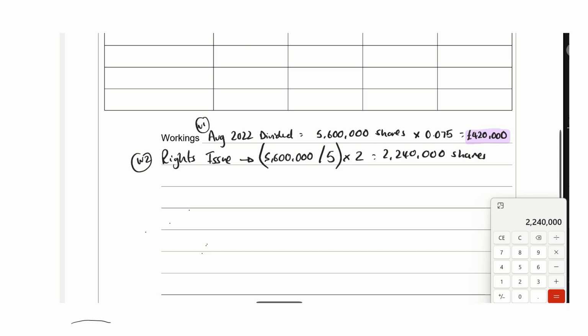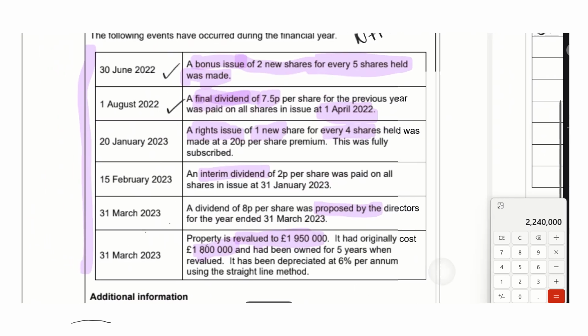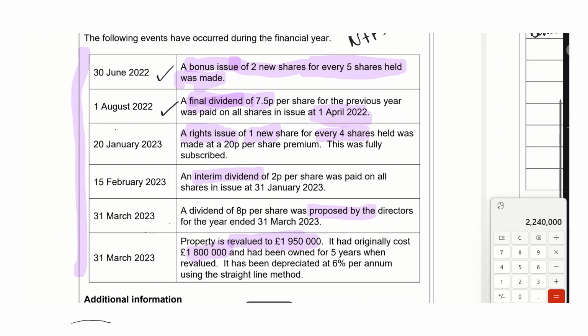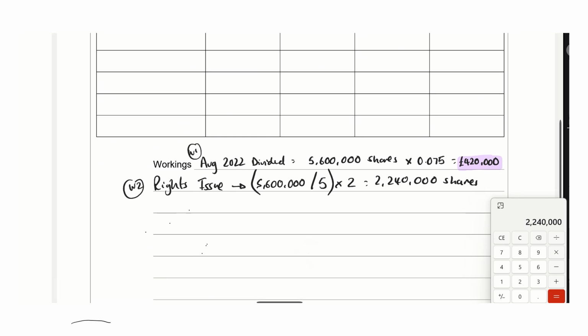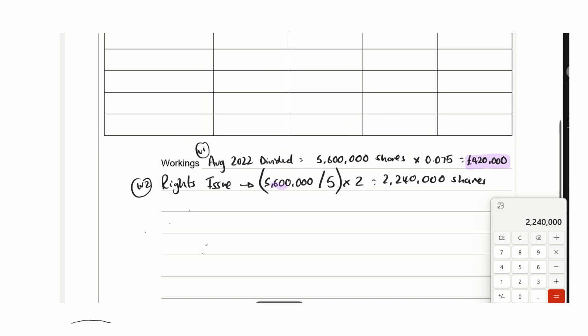So now you have to ask your question based on how many shares there were on the 20th of January 2023, which is after the date of 30th of June 2022. That's why you really should be doing this in date order. On the 20th of January 2023, you have to work out the quantity of shares you had already issued. We had 5.6 million that we already had issued previously, and then this year we issued an extra 2,240,000.